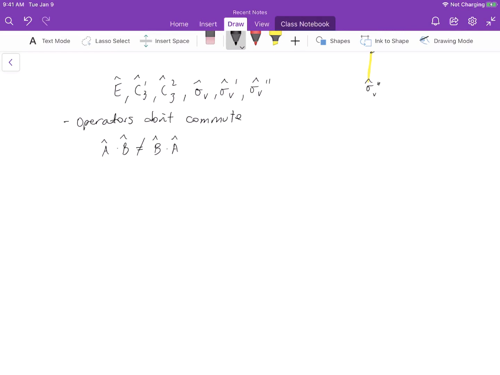So if we, for example, do for ammonia, C3 and sigma v, I'm rotating the triangle this way, 1, 2, 3. We do sigma v first because that's to the right. Three and 2 will flip. Then we do C3.